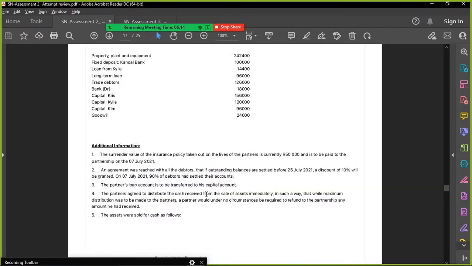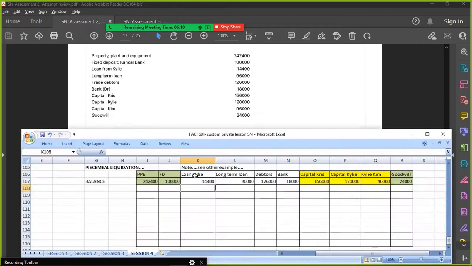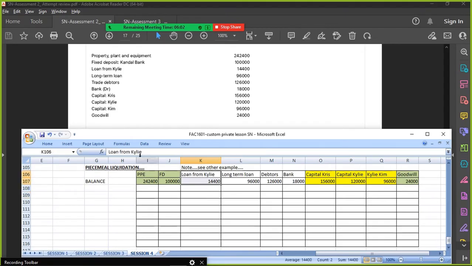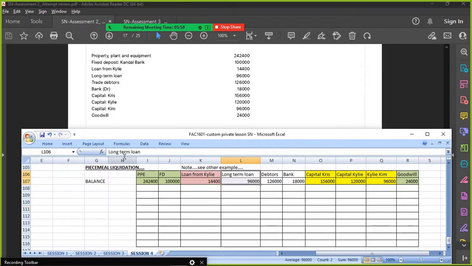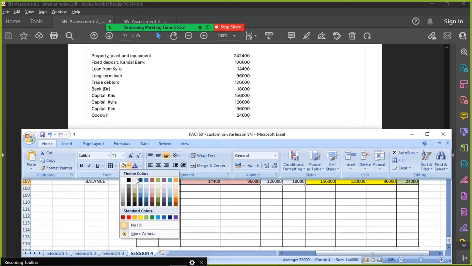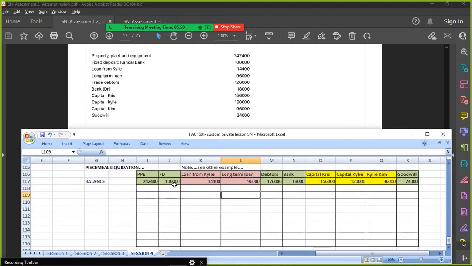This is a loan from and a loan to, so we need to differentiate loan from. If it's a loan from a partner, asset or liability? Liability. Correct. Long-term loan, debtors and bank, all assets. You have to always check this when you're doing a piecemeal liquidation, because if it doesn't work, you need to start over basically.